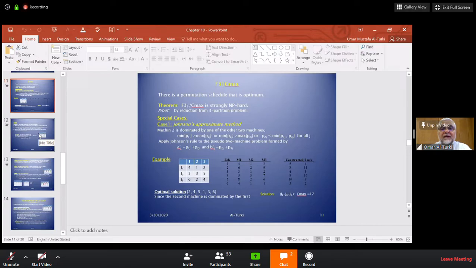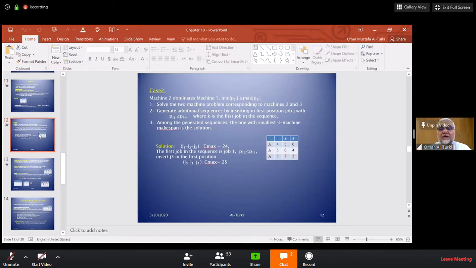So this is one case in which we were able to solve the three-machine problem. Another case is when machine 2 dominates machine 1, the other way around. Machine 2 dominates machine 1. This is an example. This is machine 1. This is machine 2.